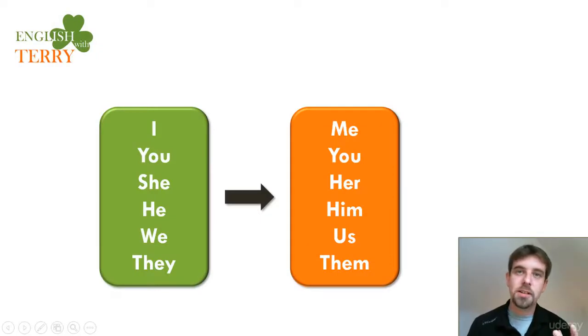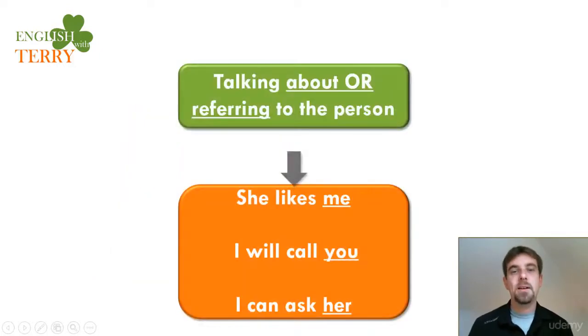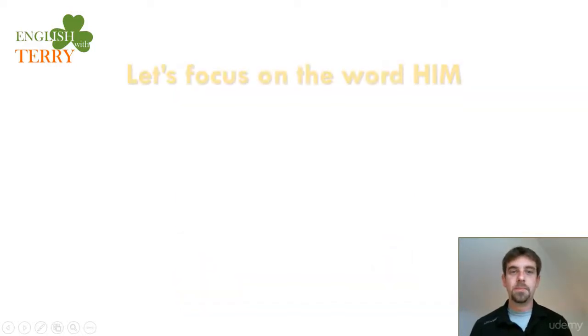So just like the last one, we talk about the difference between I, you, he, she, we, they, and me, you, her, him, us, them. When we have me, you, her, him, we are referring to the person, and it's different if it's connected directly to the verb.